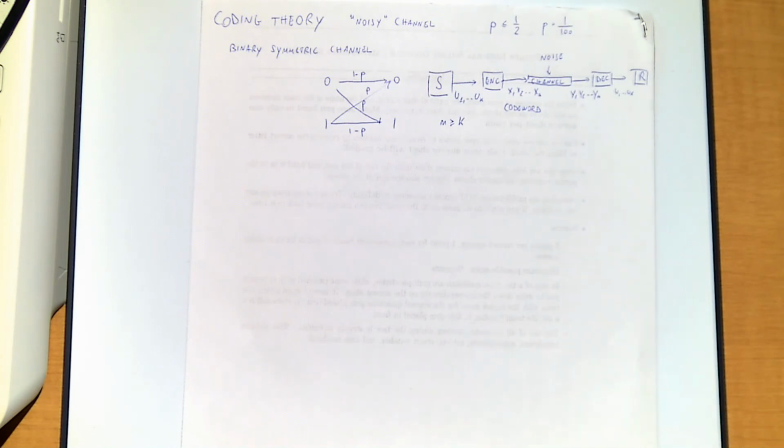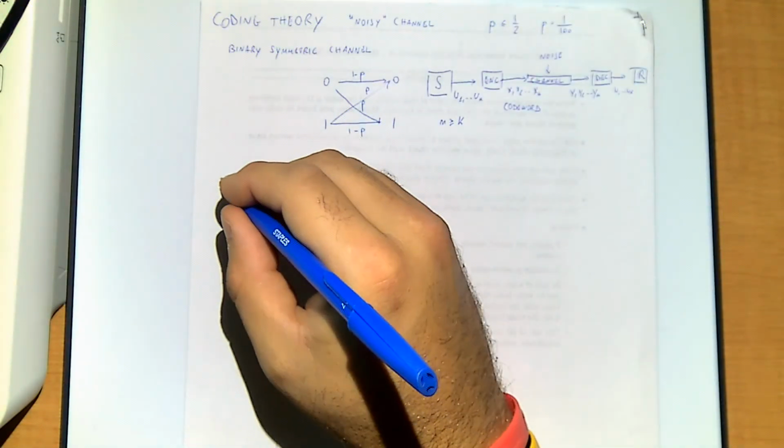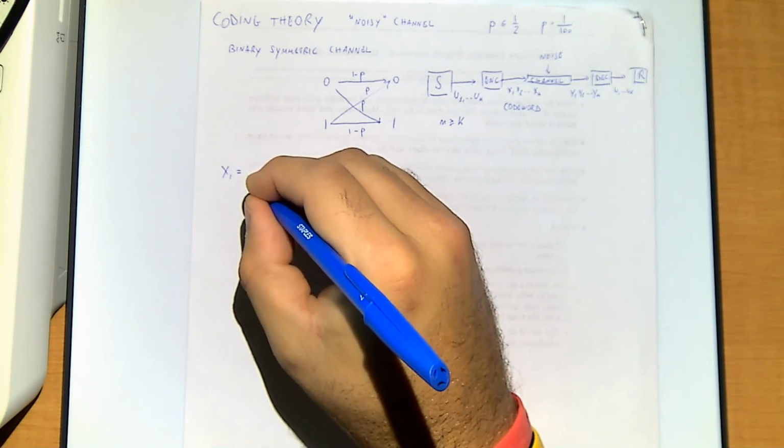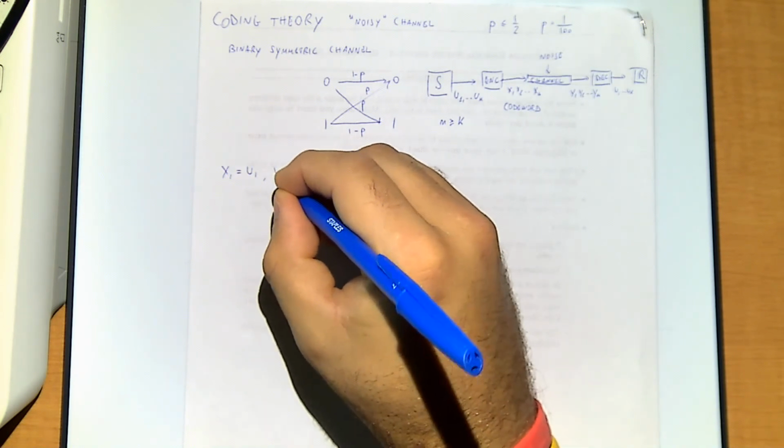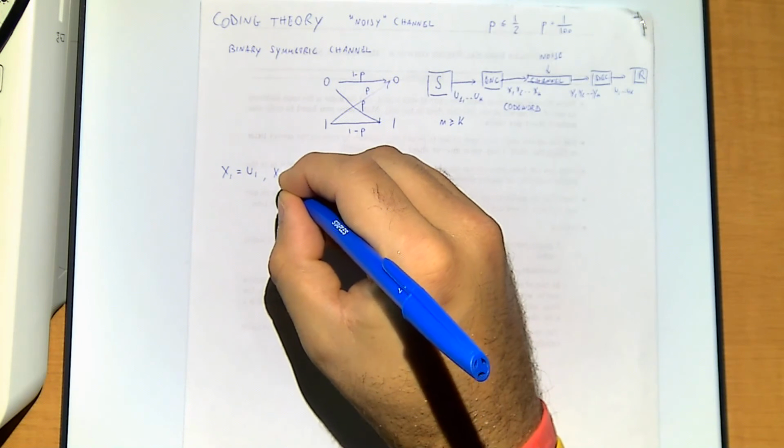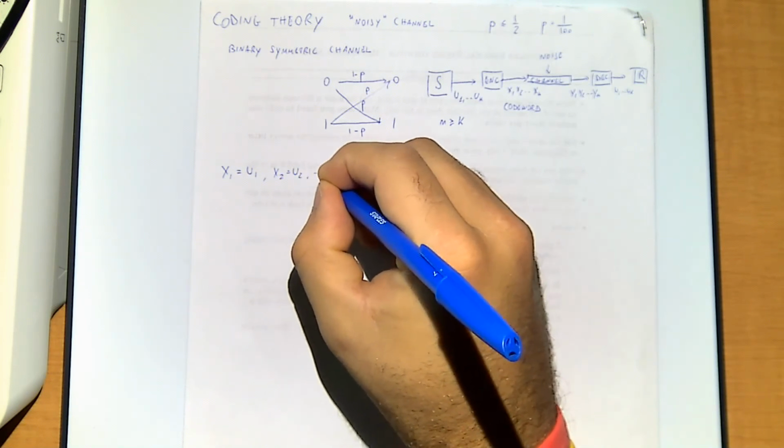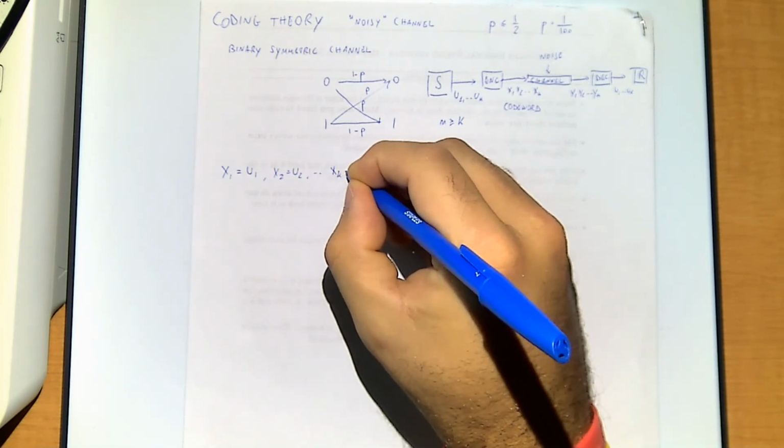Right. Okay, so this is the model that we are working on, and so of course the easiest way to produce code words, right? We need to create a new string, and we can set the first few symbols equal to the original symbols. So x1 is equal to u1, x2 is equal to u2, up to xk.